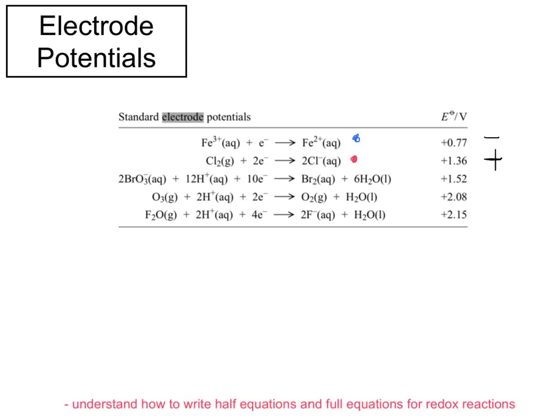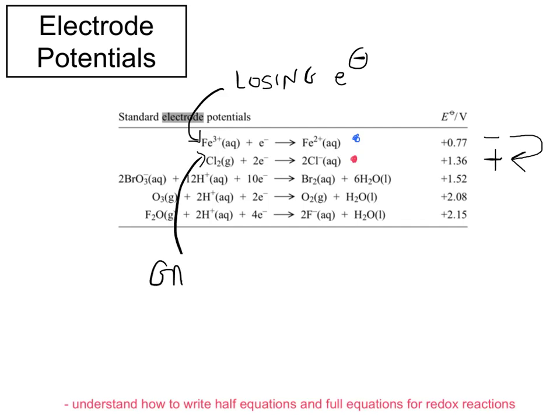The direction of electron flow will be from the negative electrode to the positive electrode, because that's the way the electrons are attracted. So the top electrode is going to be losing electrons, because electrons are flowing away from it, and the bottom electrode is going to be gaining electrons, because electrons are flowing to it.